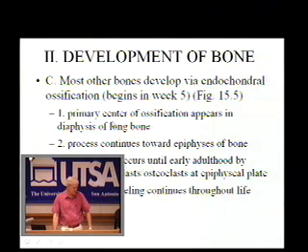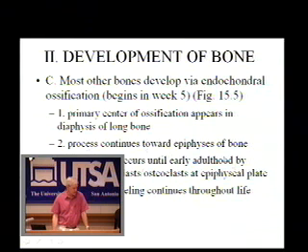So this first one, as we will see, also corresponds very closely to the area of entry of the nutrient artery, the main arterial supply to the diaphysis of long bones. So there's obviously an association between angiogenesis and osteogenesis.